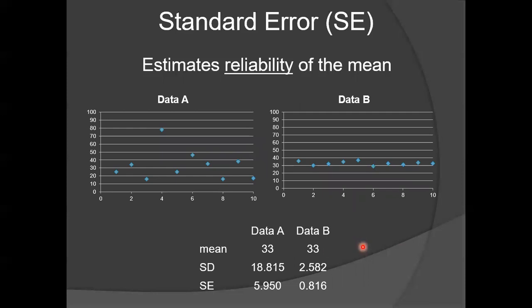Going back to that example previously where we have the same average of 33, a high standard deviation also will result in a large standard error. A small standard deviation will result in a small standard error. In these two data sets, data set B would be highly preferred.